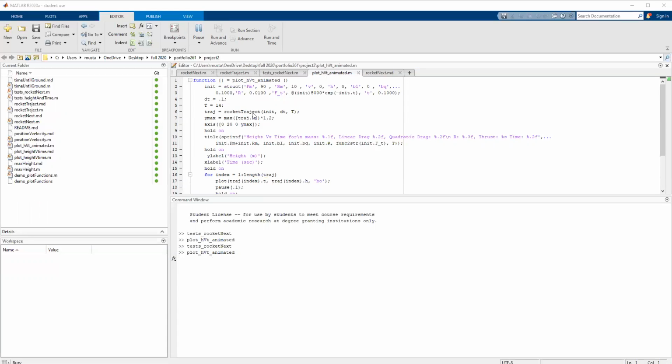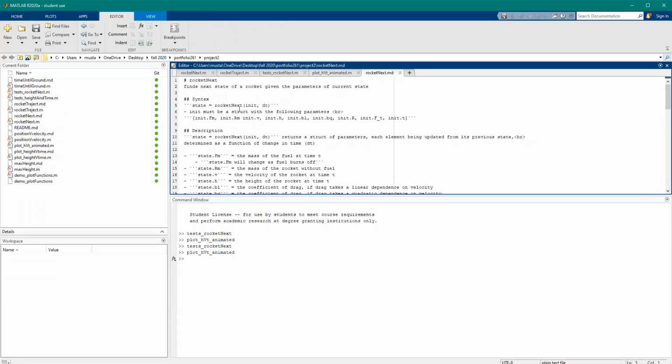So here with a mass of 100, no linear drag, there's a small quadratic drag, and the ratio of the fuel burn to impulse is very small, and there's an initial thrust of 5,000. And the max height was about 130, something like that, over like 7 seconds. It lands back down in a total time of 14 seconds.